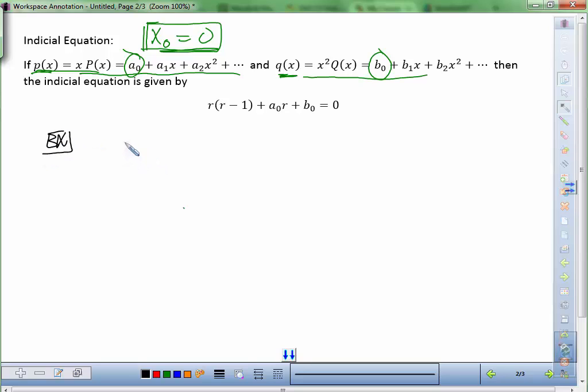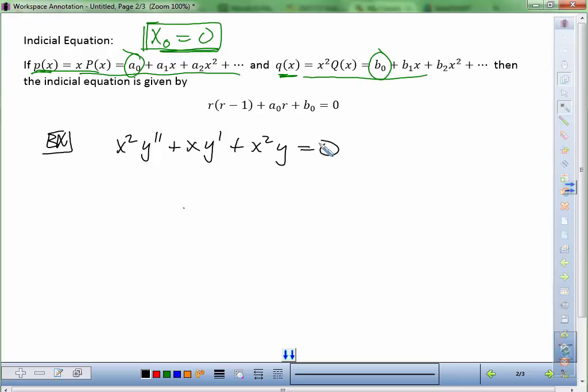Our example is going to be x squared y double prime plus x y prime plus another x squared y is equal to 0. So what we'll do in this page is we'll find the indicial equations, and then I'll do another quick example, find the solution for the indicial equation, and then we'll try to solve for those two differential equations.